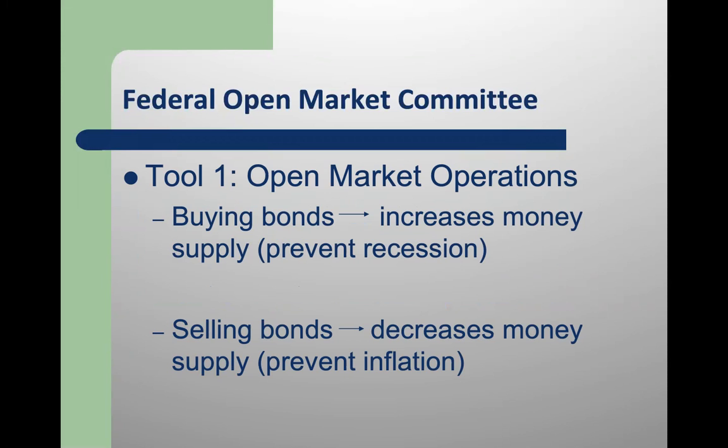So tool number 1 is that they can buy and sell savings bonds, the U.S. saving bonds that perhaps you've had purchased for you or gifted to you. So if the government decides to buy savings bonds, they're going to be increasing the money supply, and they might do this in order to prevent a recession. So when they buy bonds, they're pulling the coupons that people have purchased in the past, and they're paying them off.